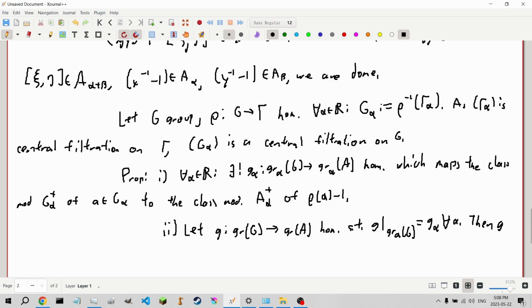Then G is an injective homomorphism of Lie algebras.